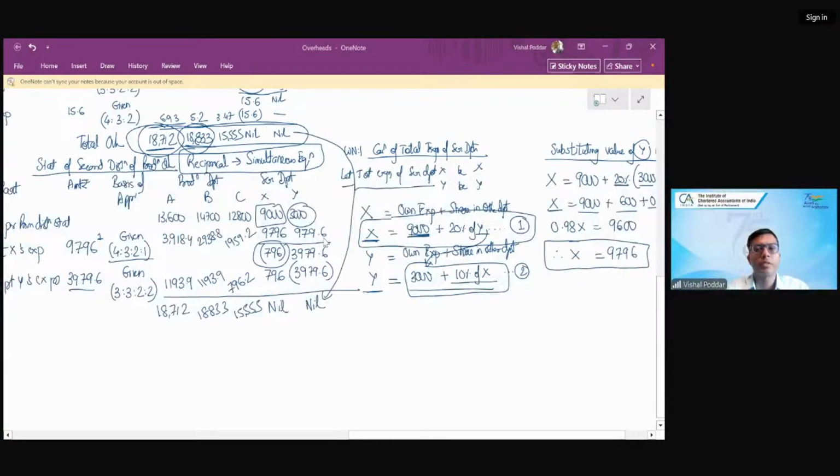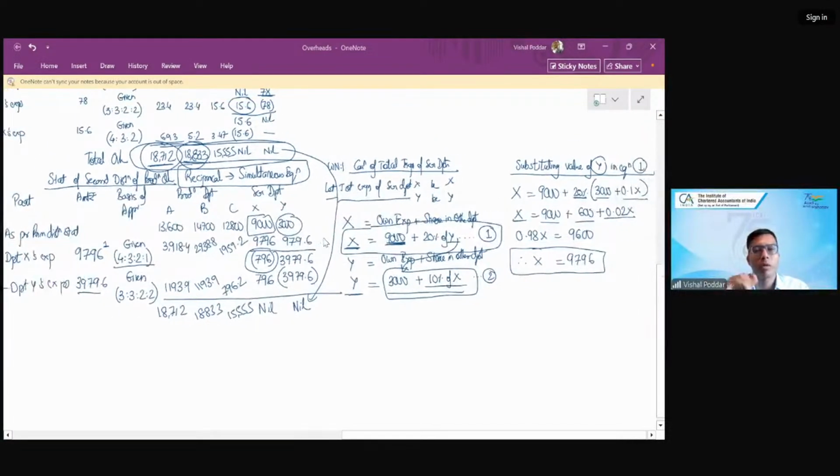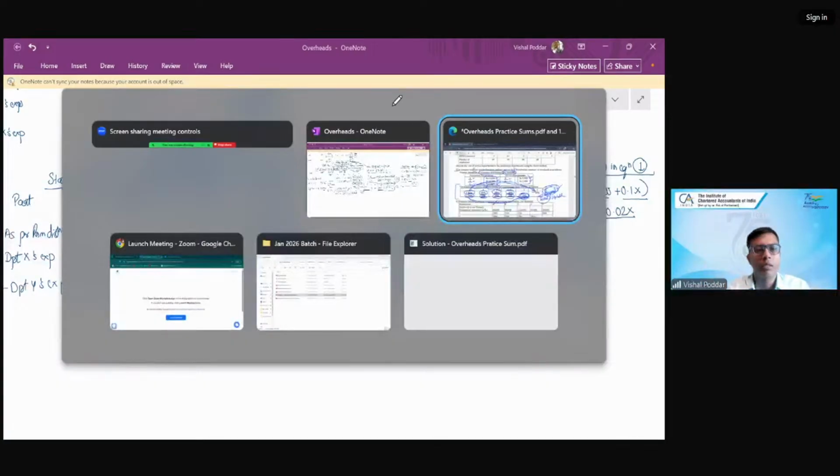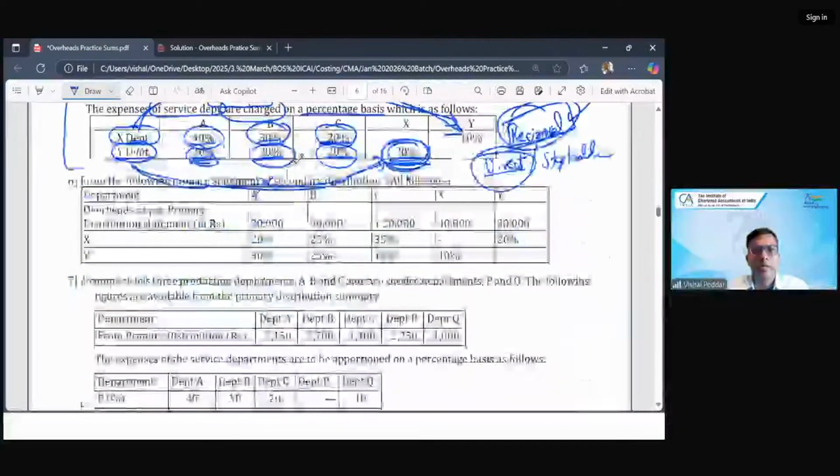The only difference is that the above one we solved by the mechanical repetitive method, and this one we solved by using the simultaneous equation method. Correct? Chalo. Now, since simultaneous is slightly different or slightly mathematical, let us practice one more sum.